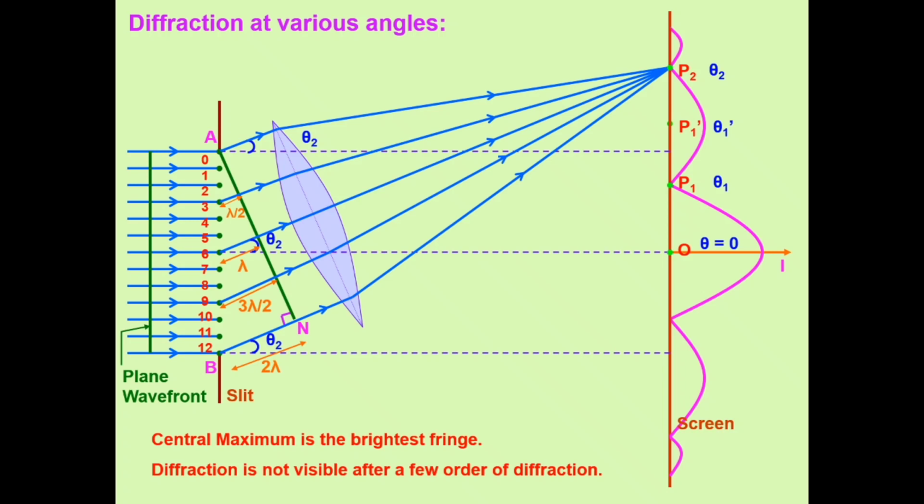If you take the central maxima as 1, then the first secondary maxima is 1 by 21, then 1 by 61, then 1 by 121, so the intensity keeps decreasing.